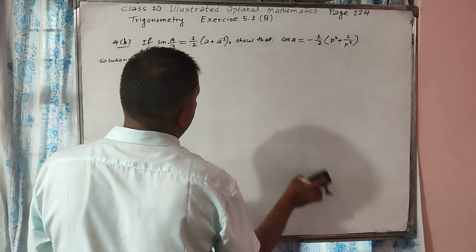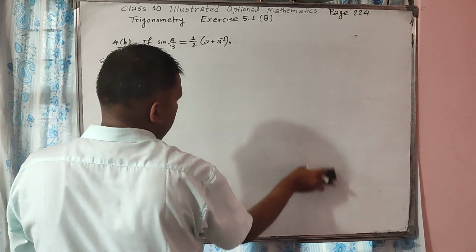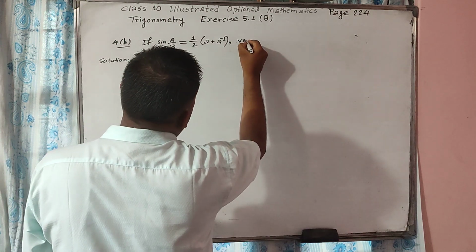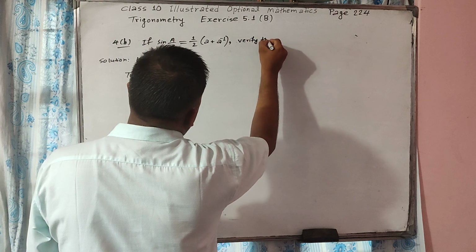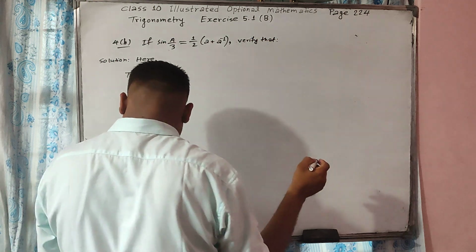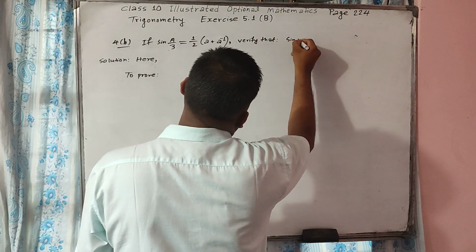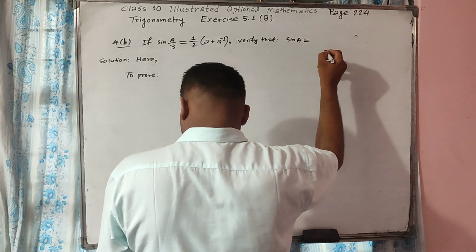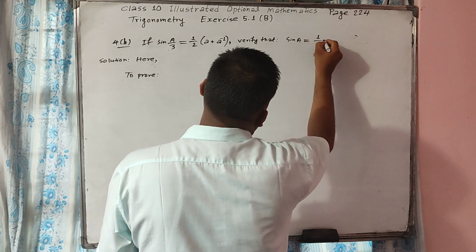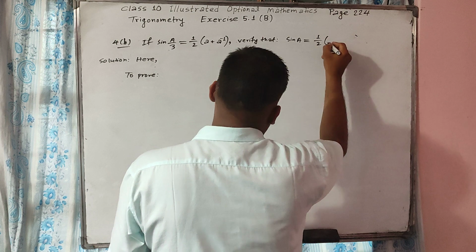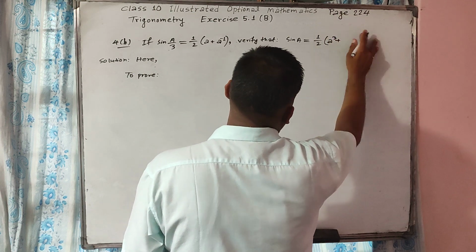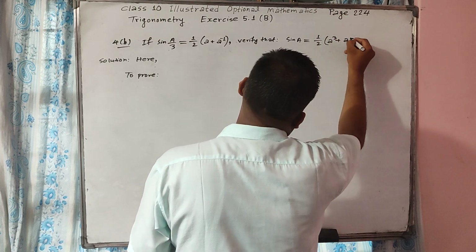Then verify that sin a equals 1 by 2 times a cube plus a to the power minus 3.